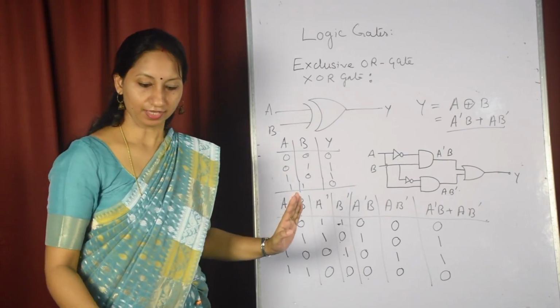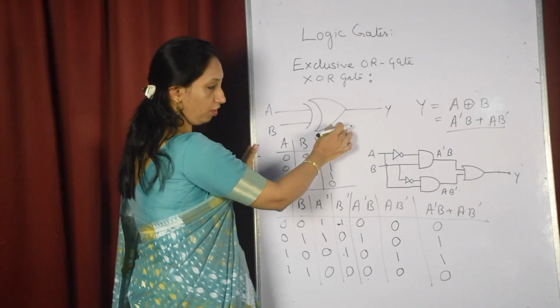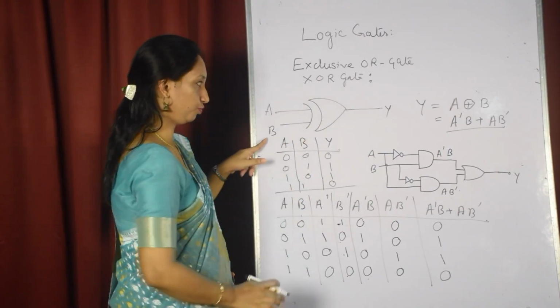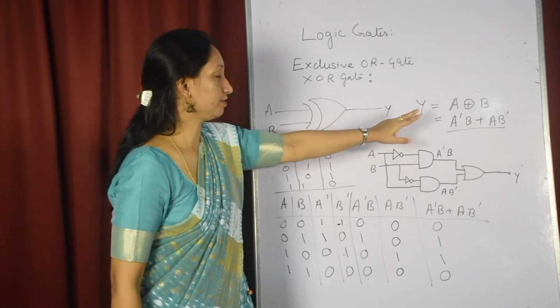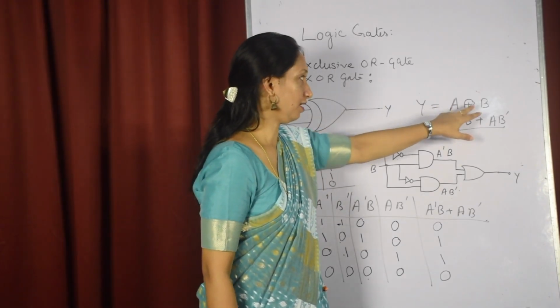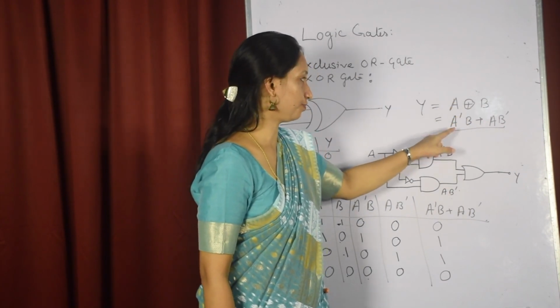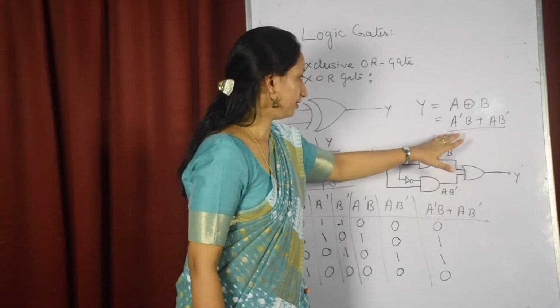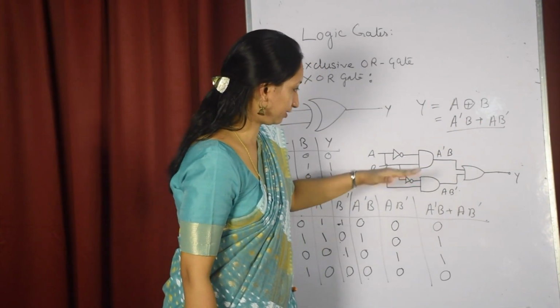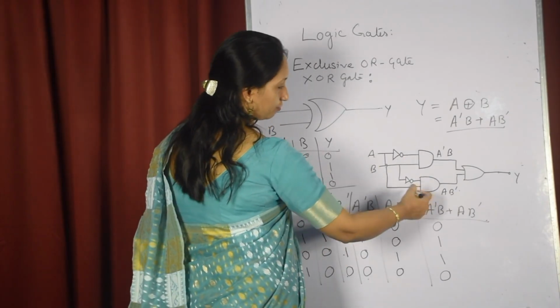So what we have seen, the XOR gate, which is represented with this symbol, has two or more inputs and one output, and it is symbolized as A plus circle B, and its output is represented as A bar B plus A B bar. And this formula is again explained with this truth table and from this diagram.